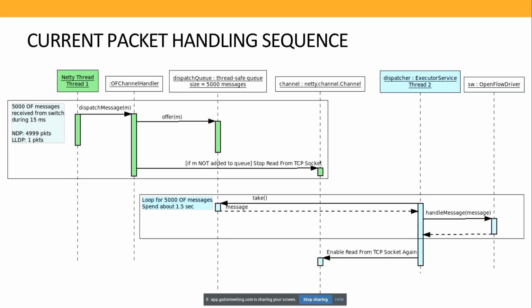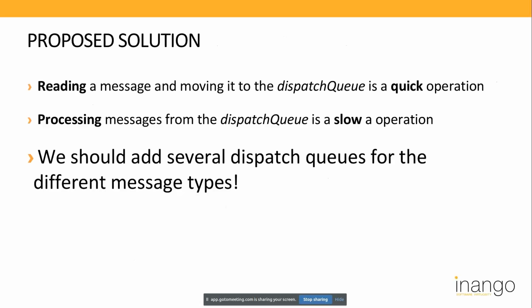In this moment, when reading is disabled, we can lose LLDP packets, and as a result, ONOS decides that the link between switches disappeared. We suggest creating several priority queues between reading and dispatching, just because reading is a quick operation, and with these several queues, we can prioritize traffic that we don't want to lose.